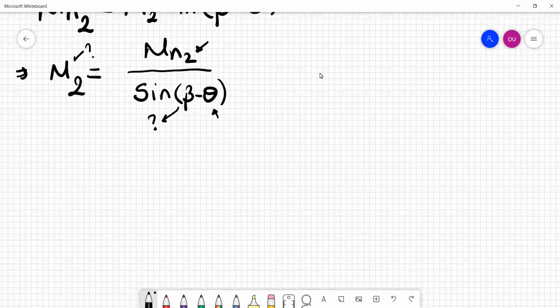First of all, from the geometry, I can write a geometric relation between tangent beta and the velocity components Vn1 and V tangential 1. I said V in my whiteboard here. So Vn1 divided by Vt1 is actually equal to tangent beta.